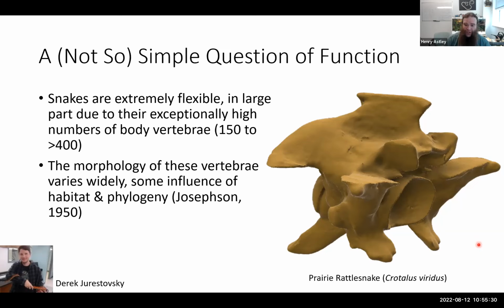And there has been some study of the morphology of these vertebrae and all the little processes and whatnot that you can see sticking out of this prairie rattlesnake vertebrae. And some of these are familiar to us, like the cotyle condyle. They have a ball and socket joint, the neural canal, the neural spine, pre and post zygapophyses that interlock. But they also have something special that you see.